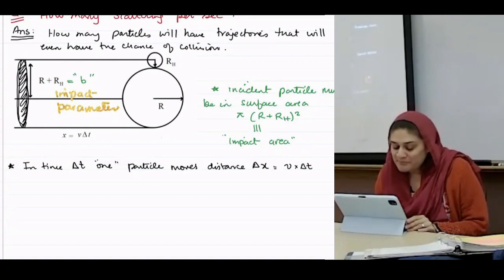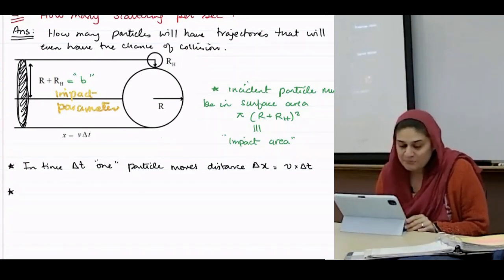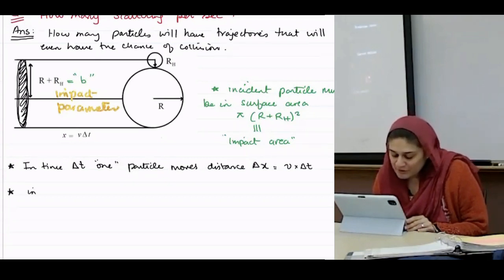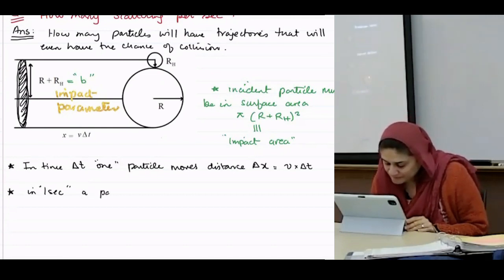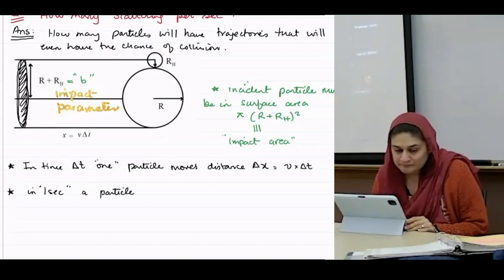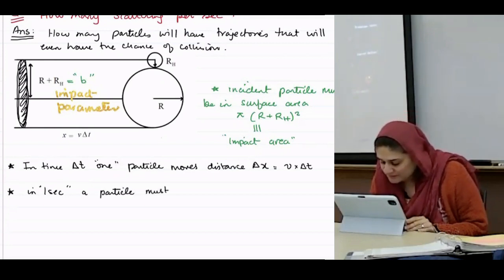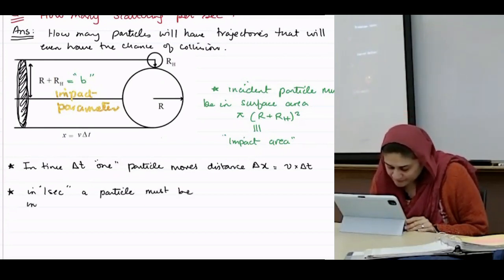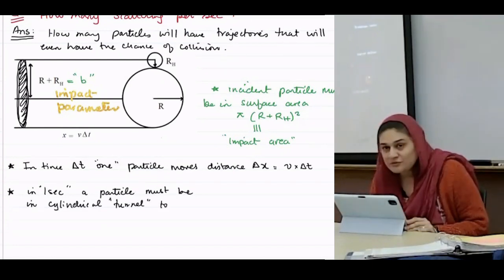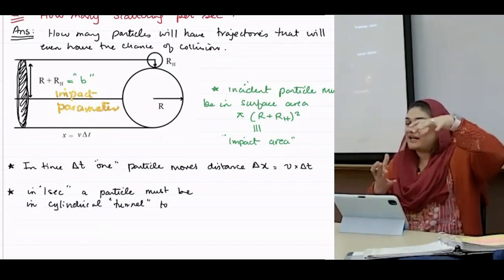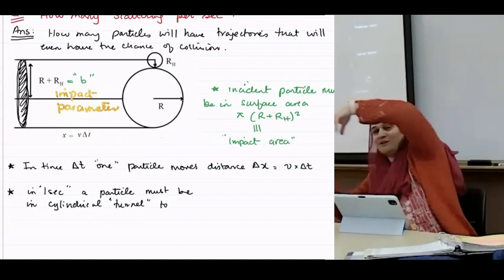Okay, so then may I ask if this statement is true? In 1 second, a particle must be in a cylindrical tunnel. Think of this as a tunnel that goes through that.